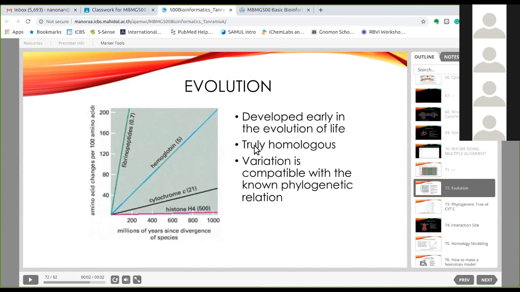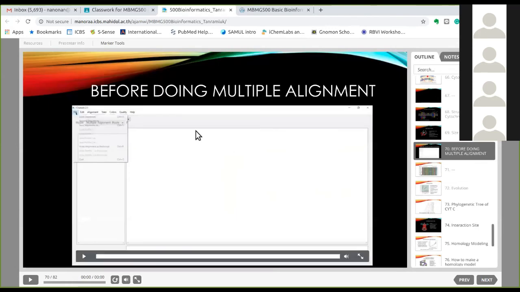So it's truly homologous, and variation is compatible with the non-phylogenetic relation. So if you want to know how human and monkey are far apart from sunflower in evolution, you can use the cytochrome C sequence, which can relate to the evolutionary time.